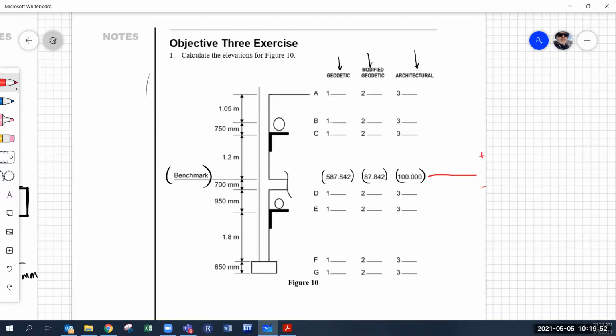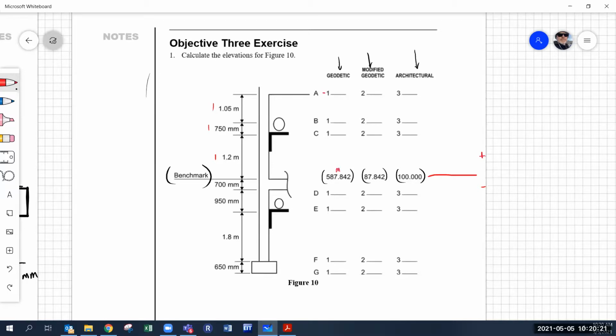So let's look at A, number 1 right up here. We're going to come from 587.842 and we're going to go up 1.2 meters, 750 mils, and 1.05 meters. What would A in the geodetic elevation be?